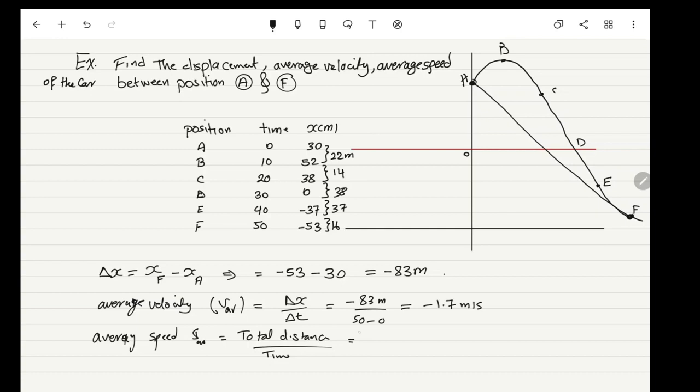So the total distance is 22 plus 14 plus 38 plus 37 plus 16, divided by time. The time between A and B is 10, B and C is 10, and so on until F, each 10. So the time equals 50, which gives 127 divided by 50, and simply it equals 2.5 meters per second.